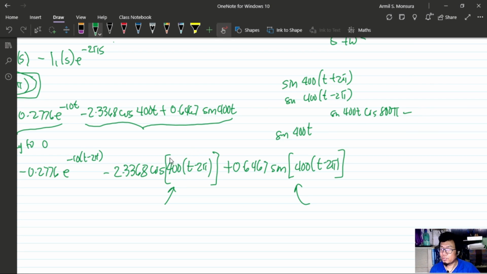Okay. So, dito tingnan nyo rin. This is cosine of 400 t minus 800 pi. Sabi ko tingnan nyo, pero ako na, titignan ko na rin. Okay.